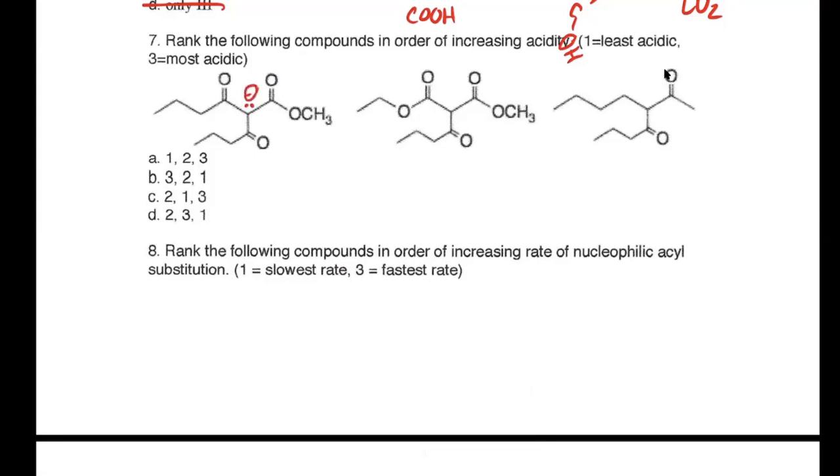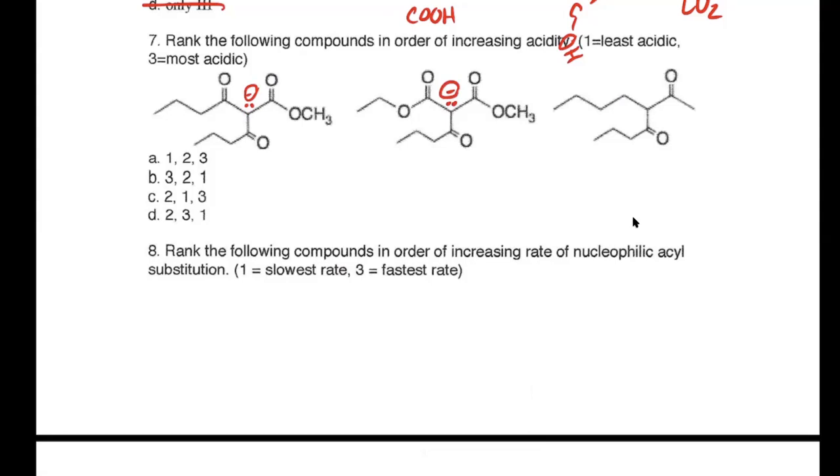You're going to be able to draw these 3 resonance structures. Now, for the one in the middle, where would the most acidic proton be? It's going to be right there.